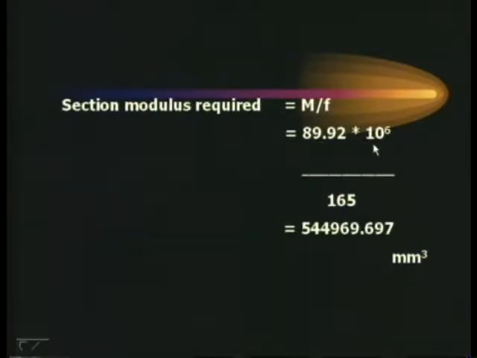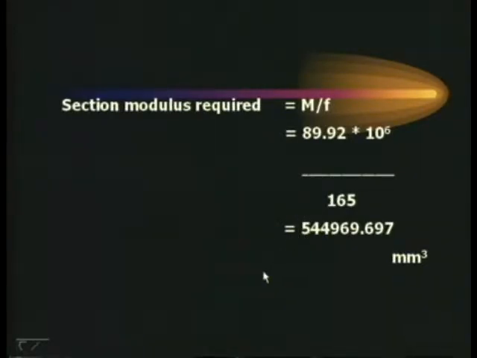The bending moment we have calculated earlier as 89.92 into 10 power 6. This is estimated to be 165 because the beam is laterally restrained. We have taken the value of sigma BC or F as 0.66 Fy, that comes to 165 newtons per mm square. Now what if the beam is not restrained?